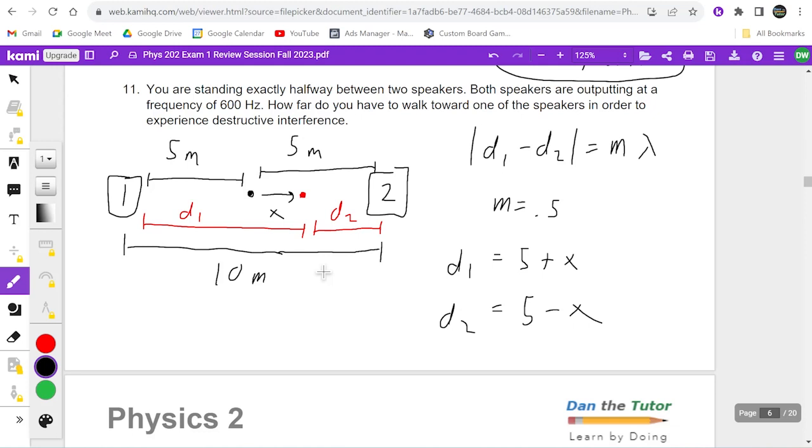If that's the case, then you know x is 0.5. In other words, you're confusing the 0.5 from the destructive interference with the actual distance x. And we don't know what x is, and that's why we had to leave it as a variable. Okay. Does that answer your question? Yeah. Okay. Any other questions?